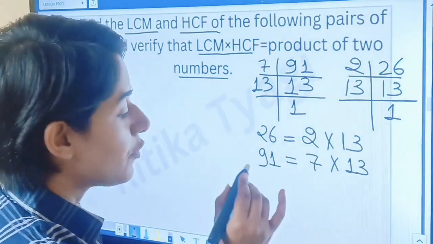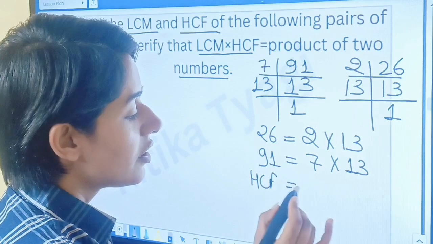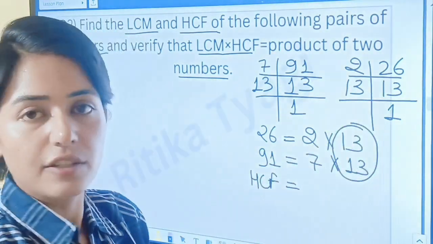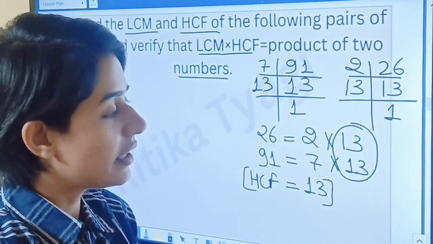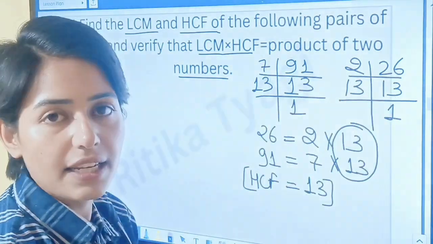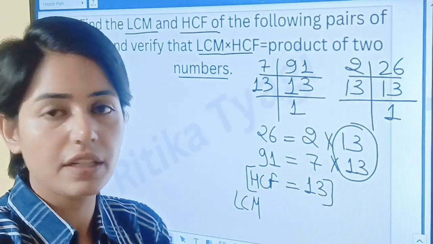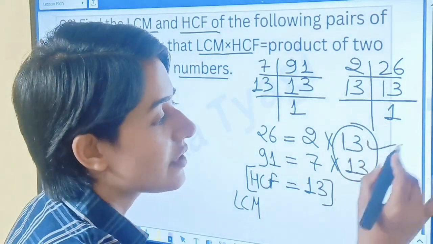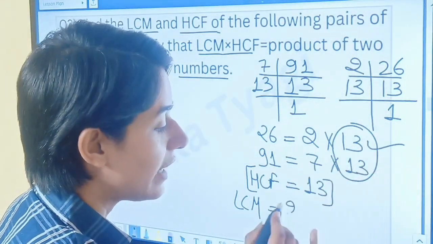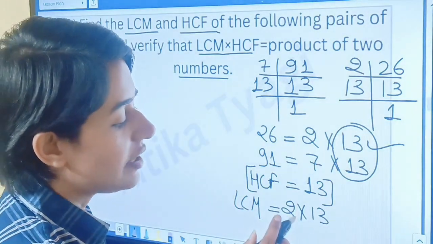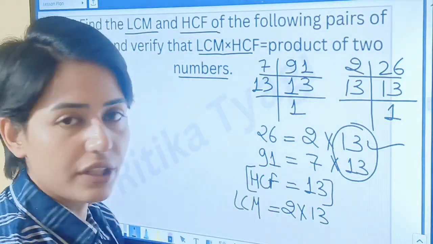Here we have to find the HCF first. The HCF is the number which is common in the factors of the given numbers. So 13 is the HCF of 26 and 91. Now we have to find the LCM of 26 and 91. For finding the LCM, let us take 2 multiply 13, the factors of 26.